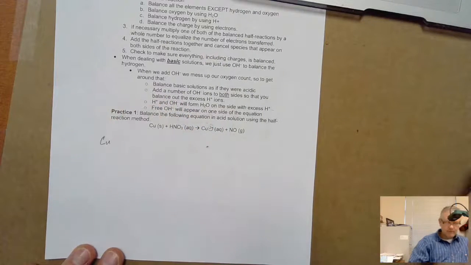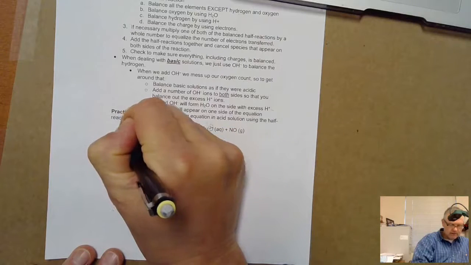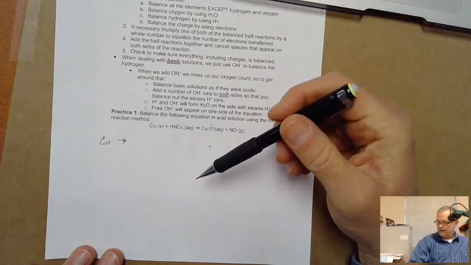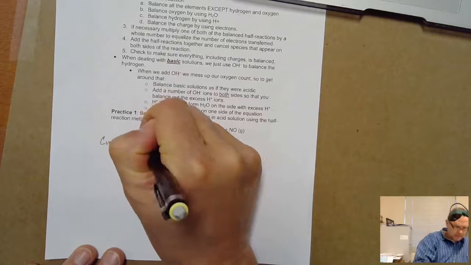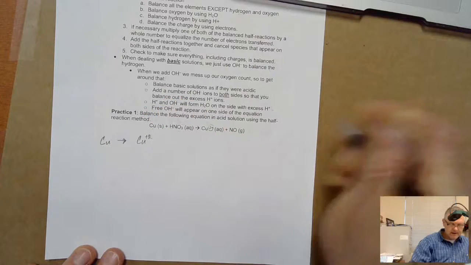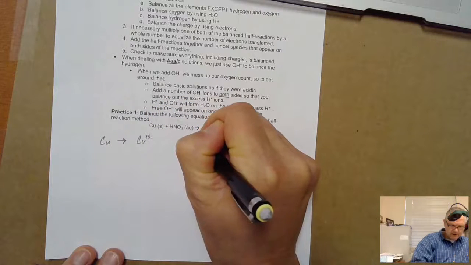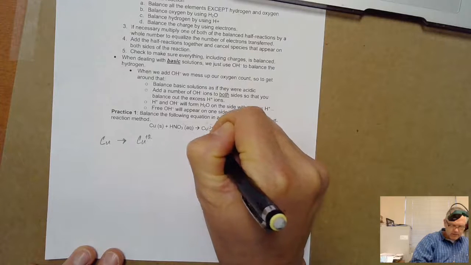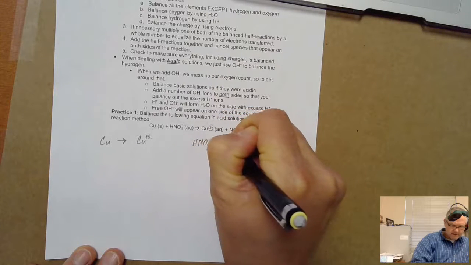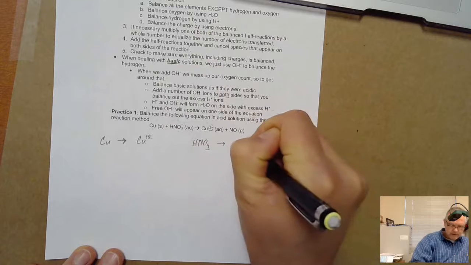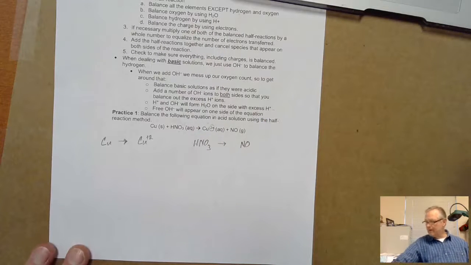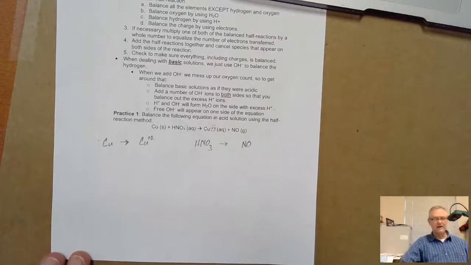My copper on this side is going to yield, on the other side, copper plus 2 ion. Then my other half reaction is going to be HNO3, and it's going to yield NO. So step number one, I just did it. I wrote out my two half reactions.